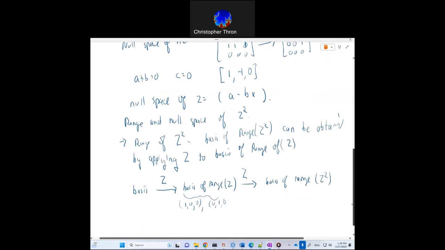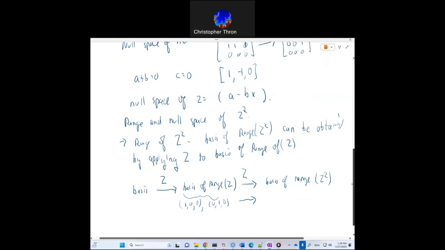Now, if I apply z to this first vector, that's just going to give me the first column of z. Remember, that's just what I did at the beginning. Here, the range of z only includes the first two basis vectors in the standard basis.